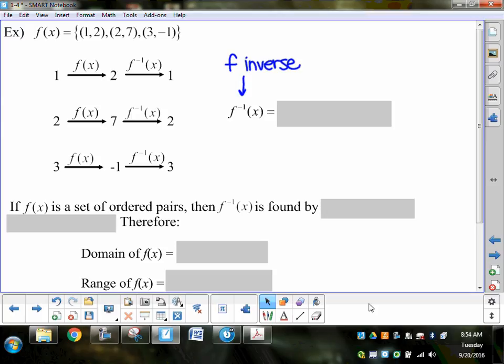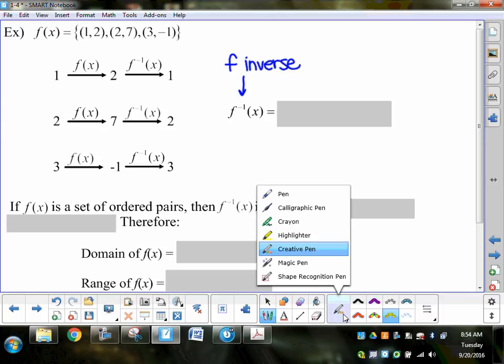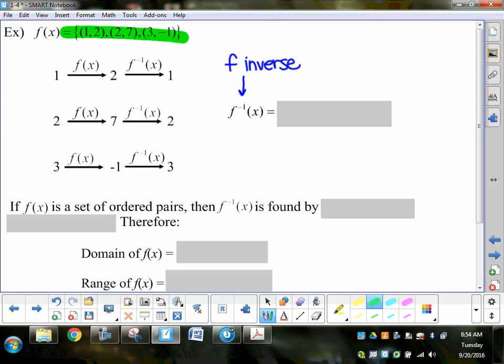Look at the original, the top of the page, it gives you this F of X. You already should have listed this out. Hands up, please, if you can tell me one point that would be on F inverse of X. We'll wait for 6 or 7 of you.